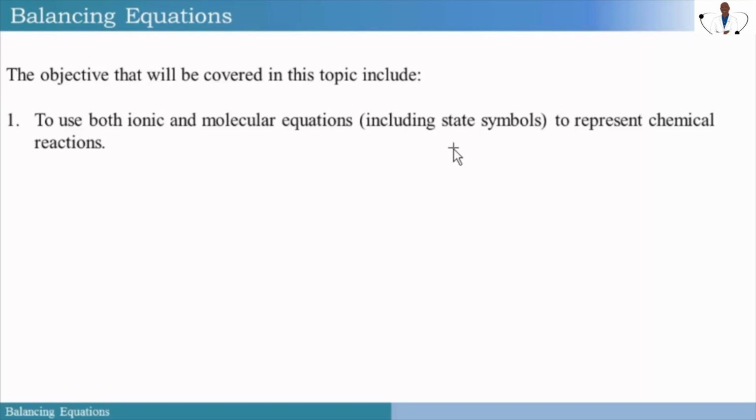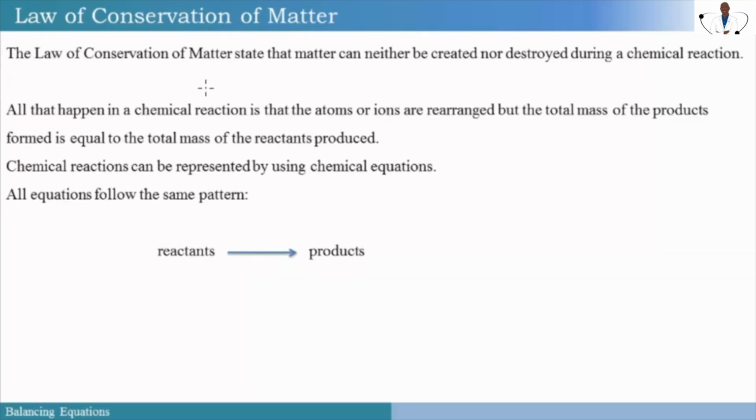Let us begin. Now, when balancing an equation, we must ensure that the number of atoms on one side is equal to the number of atoms on the other side. To do this, we follow the law of conservation of matter, which states that matter can neither be created nor destroyed during a chemical reaction.